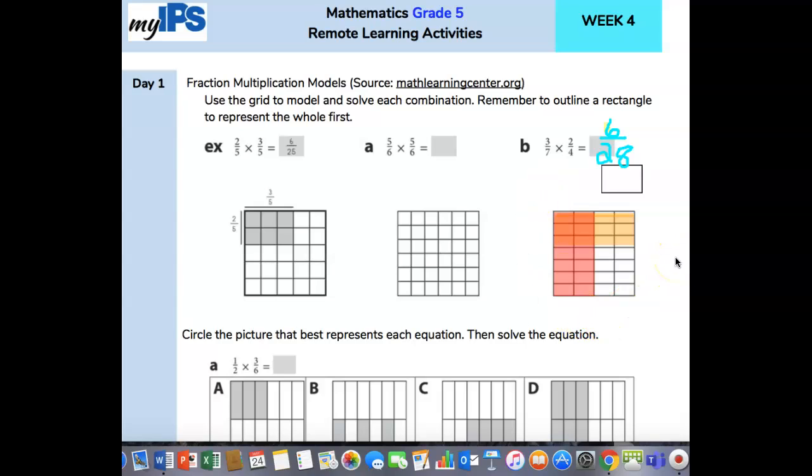Now I think this box is supposed to represent a reduced fraction, but we've got our 6/28. Let me check and see what that box is for. Okay, it doesn't say any reason why that box is there, because it's not on the other.